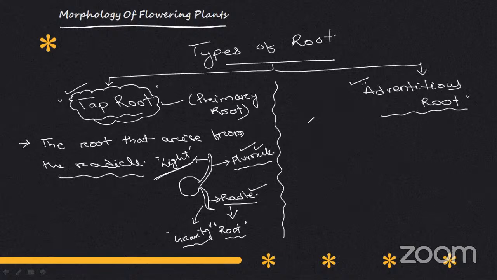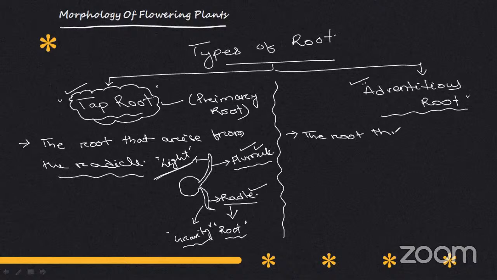But sometimes what happens? Roots may develop from different parts of the plant other than the radicle. If the root is not developed from the radicle but develops from other parts of the plant, then that type of root is called your adventitious root. What is adventitious root?